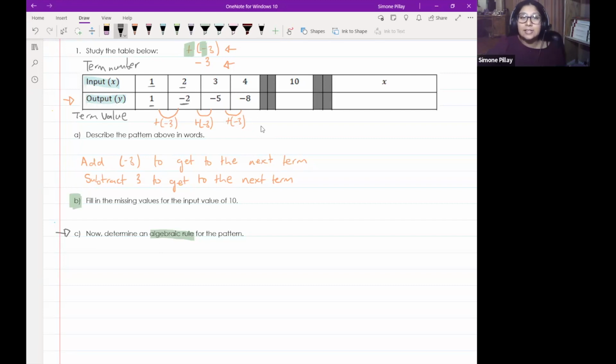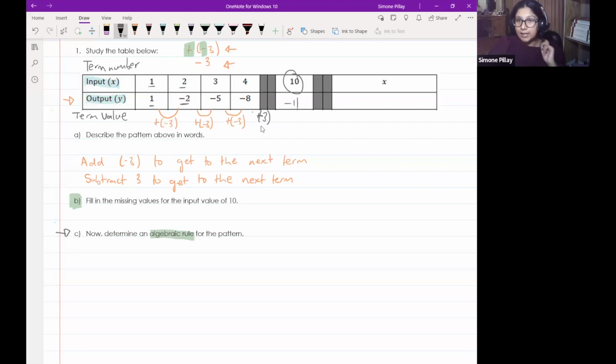And so what it does is it gives us a rule where we can now put in our term numbers. So I can put in, okay, my term number is 1,000. What is my output going to be? So that is what the rule is going to help us with. Because remember, if I say term 10 over here, I can't just go plus -3 and then say, okay, this is -11.